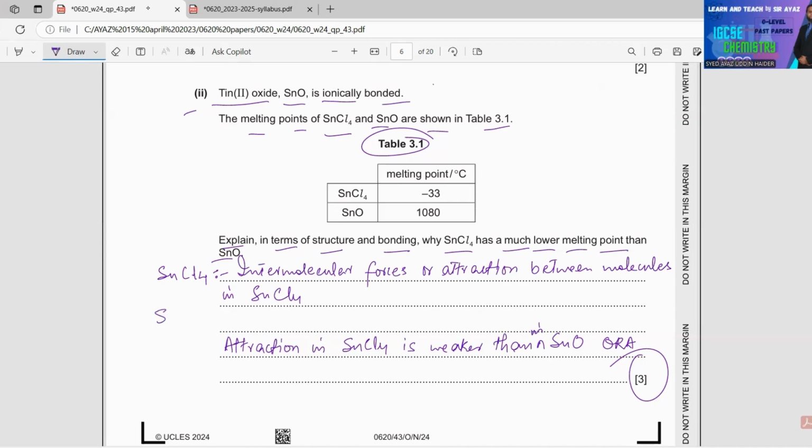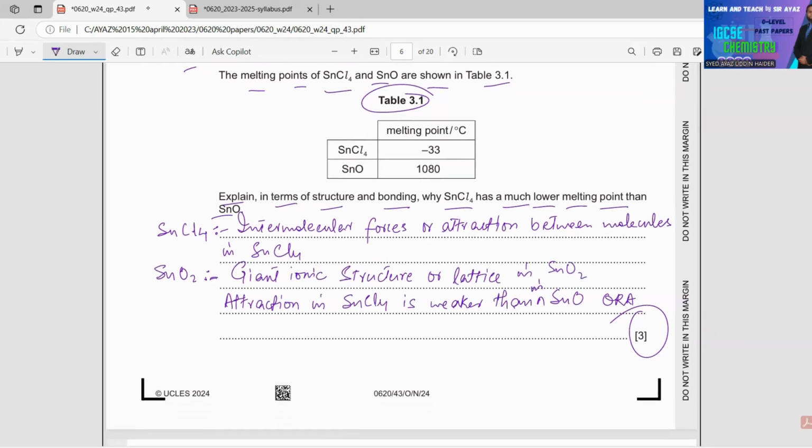Now, the next statement must be about SnO, and that is you have to write its giant ionic structure or lattice. Giant ionic structure or lattice, SnO. In this way, you will gain all these 3 marks.